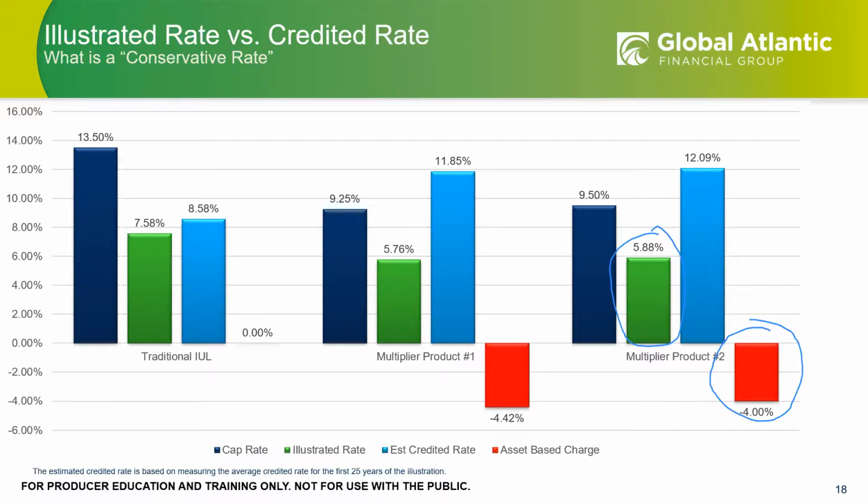It's really important to understand. I don't want anybody to take this that I believe bonuses or multipliers are bad. I don't. I think they're the next step in innovation and product design for those clients that are comfortable taking that additional risk. But I think it's really important to understand what that risk is.